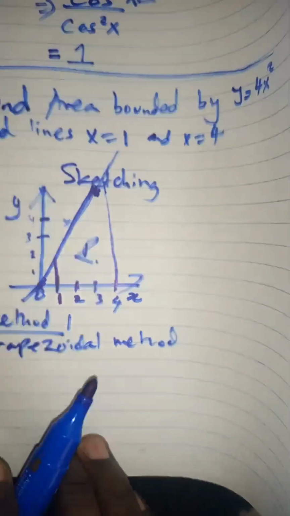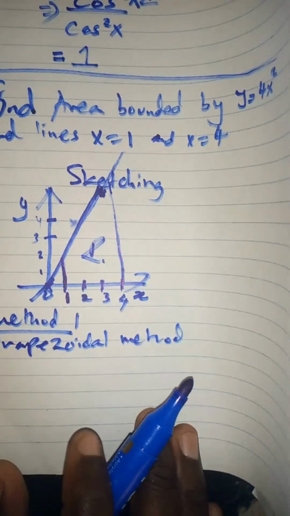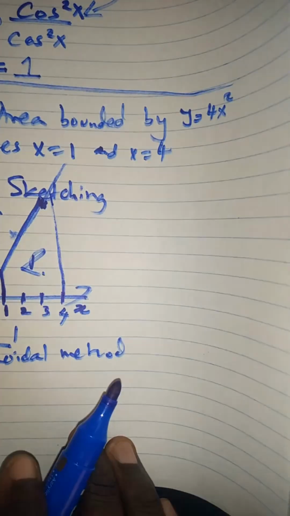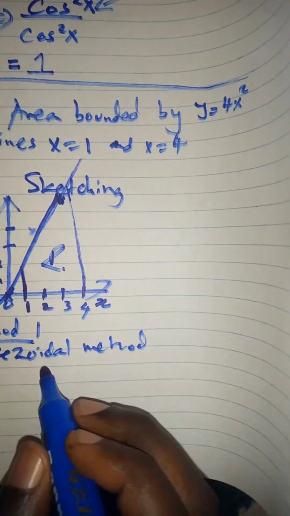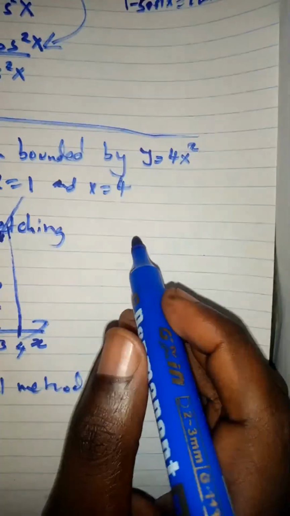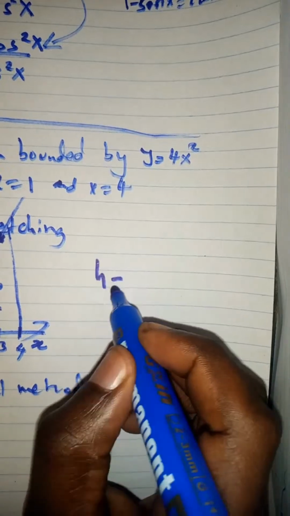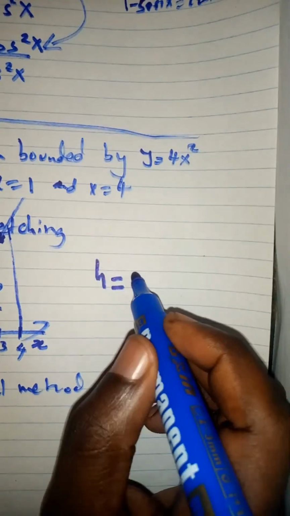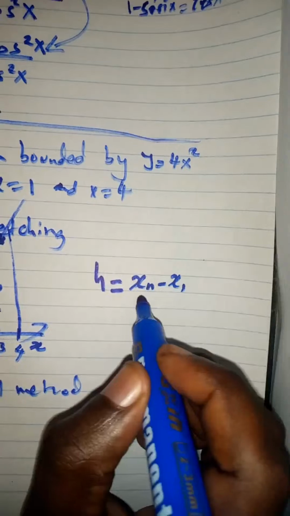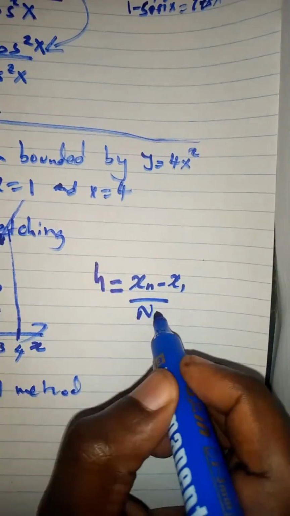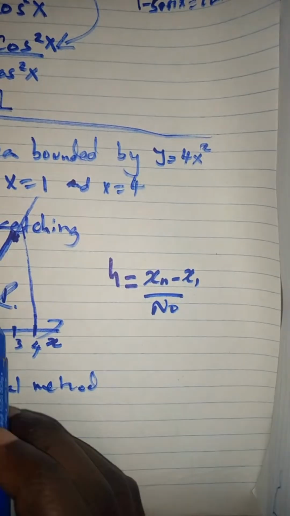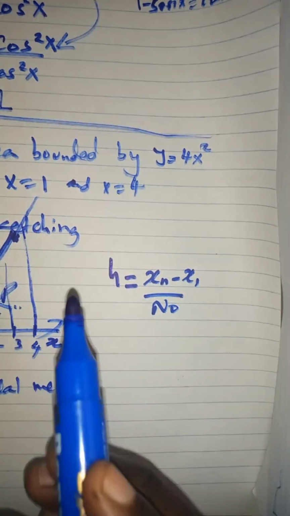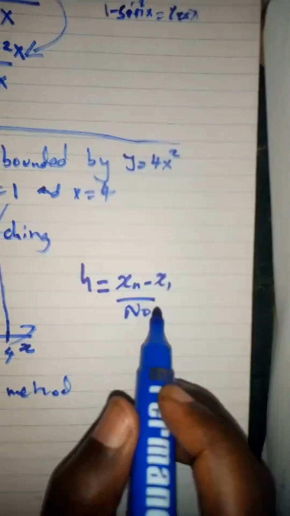So I was saying the trapezoidal rule, I had to try using the trapezoidal rule to solve this. And under the rule, what I must know is the h, the limits over the number of strips. I want to use 3 strips.